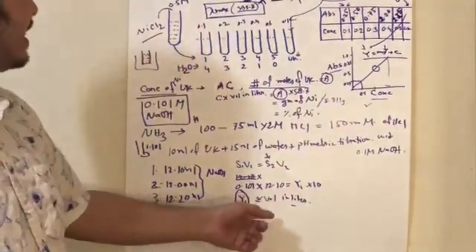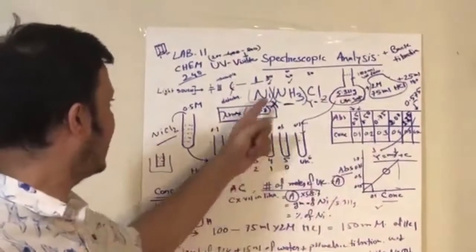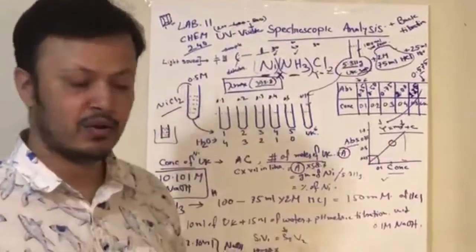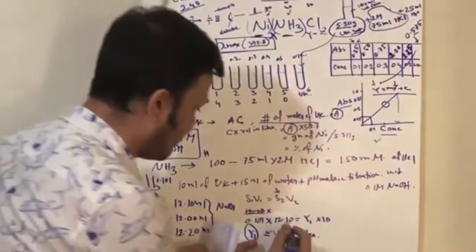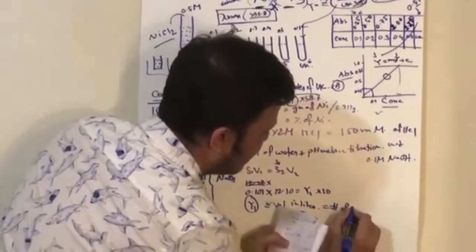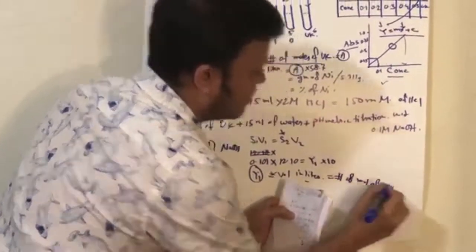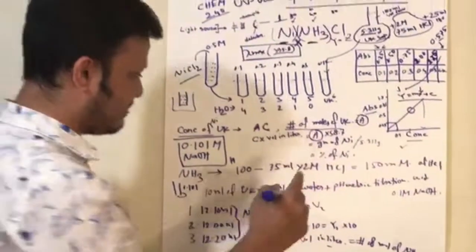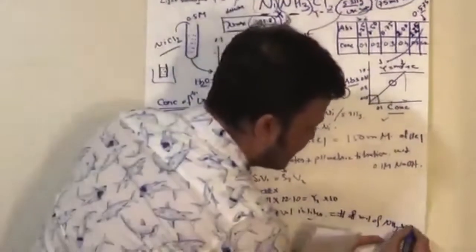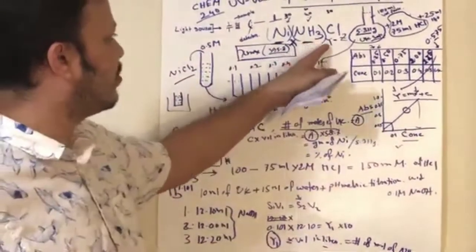You will get the number of moles of ammonia here. If you multiply the number of moles of ammonia with the molar mass, 17, you will get the mass of ammonia.